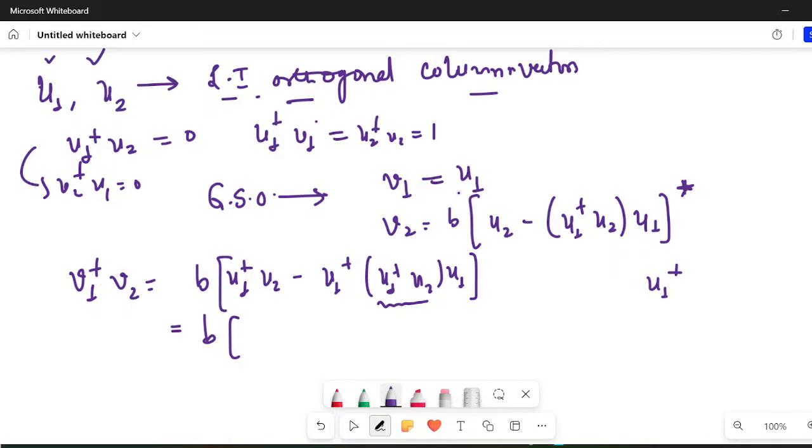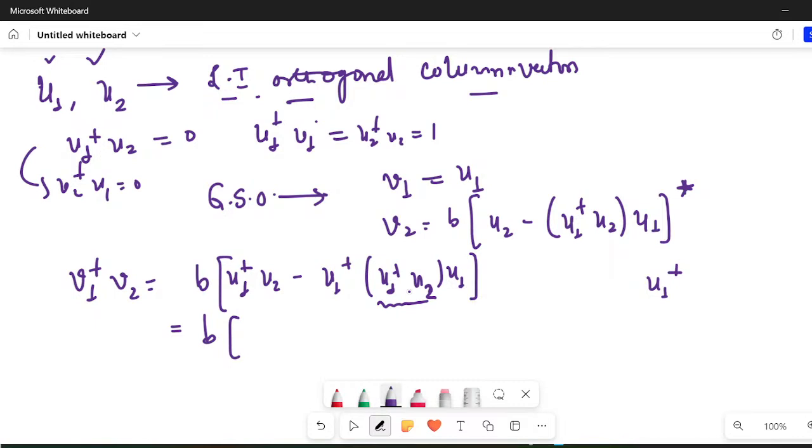So v1 dagger would be simply u1 dagger. If I pre-multiply by u1 dagger, it would be u1 dagger u2 minus u1 dagger u1 dagger u2 times u1. I think this is quite clear.